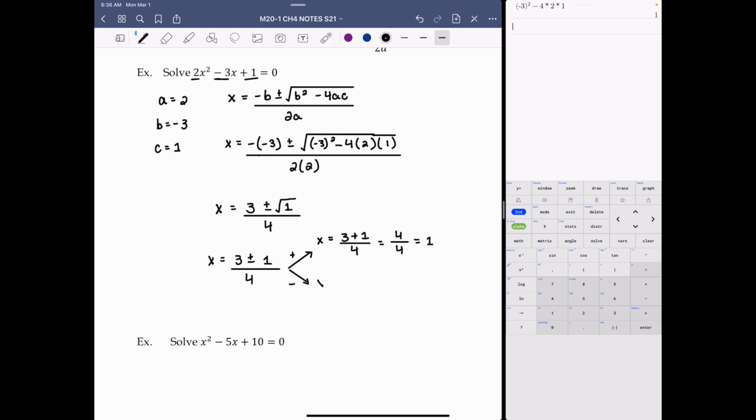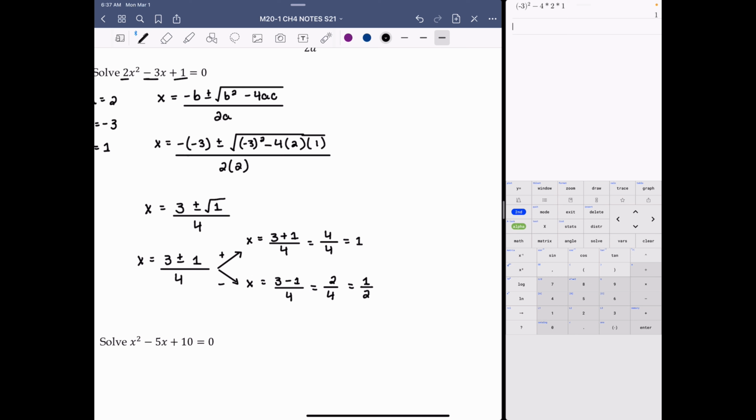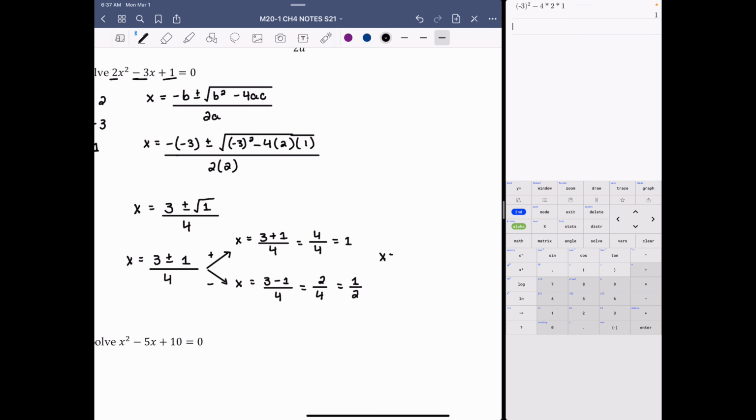If we're subtracting, we get x equals 3 minus 1 divided by 4, which is 2 divided by 4, which is 1/2. So our two solutions are x equals 1 and x equals 1/2.